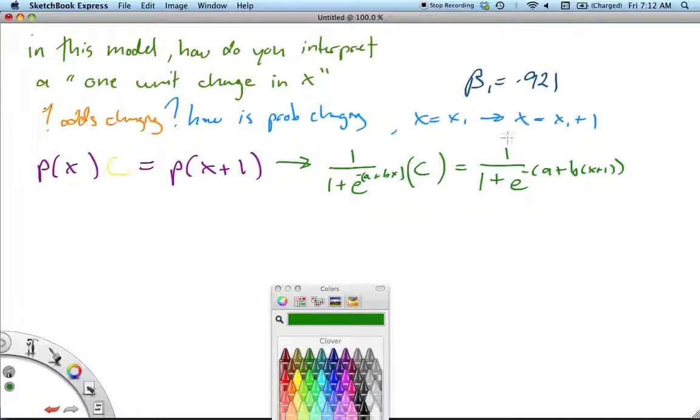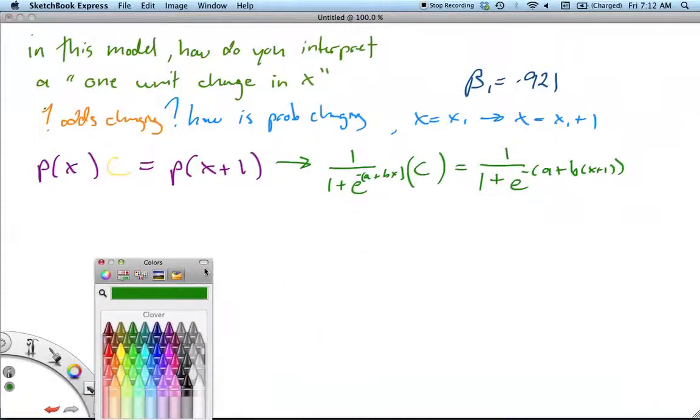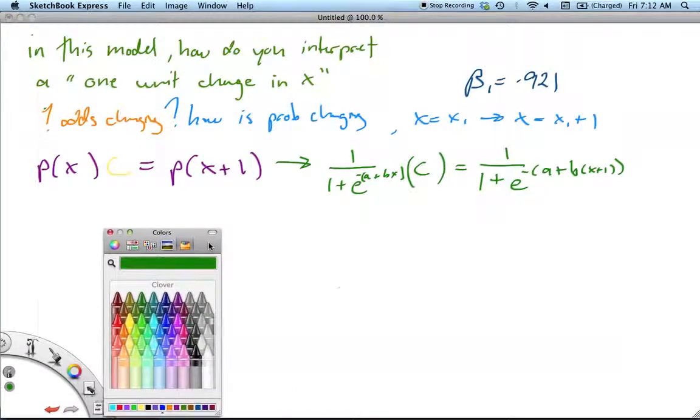Okay? Everyone so far so good here? And so the question is, I just want to solve this equation for c. How hard could that be, right?